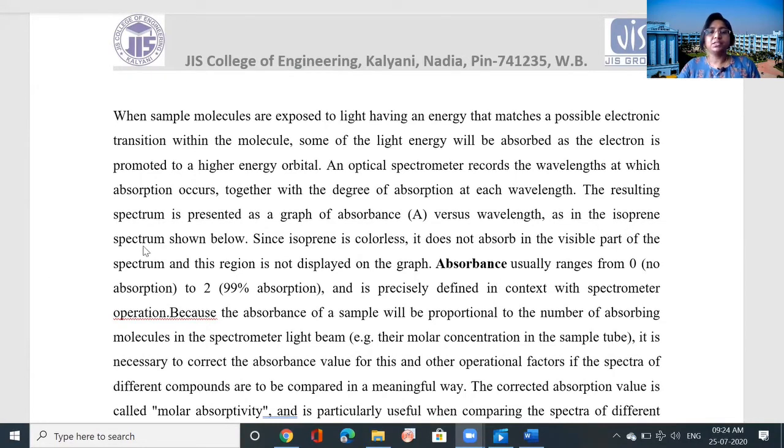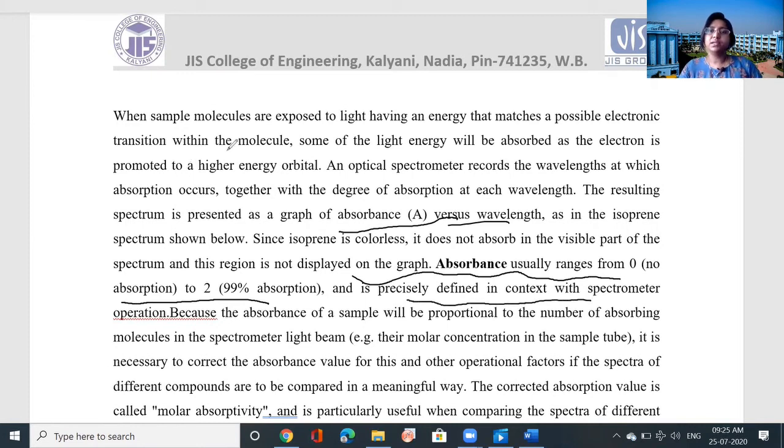The resulting spectrum is presented as a graph of absorbance versus wavelength, as you have seen in the video. Absorbance usually ranges from 0 to 2 and is precisely defined in the context of spectrophotometer operation.